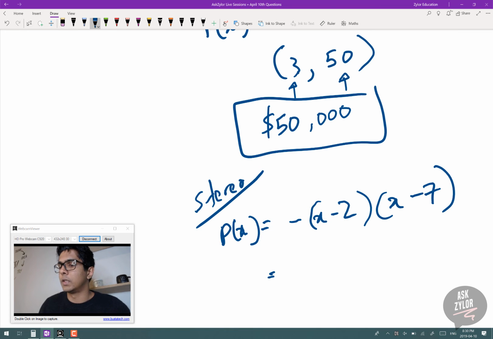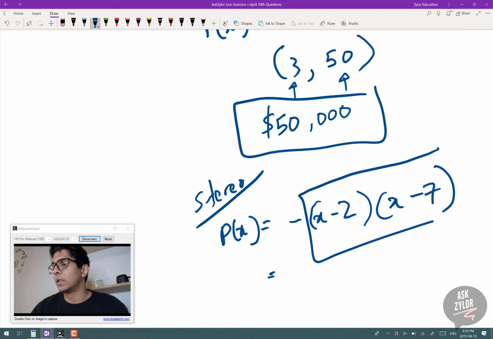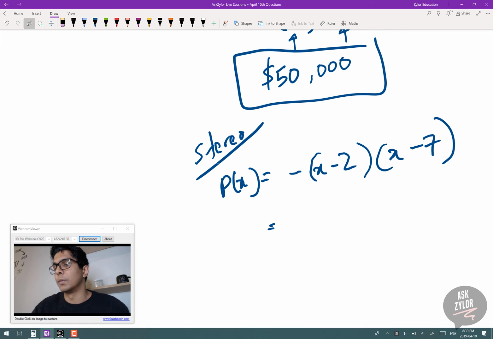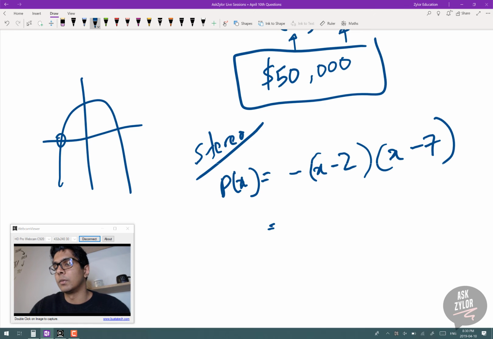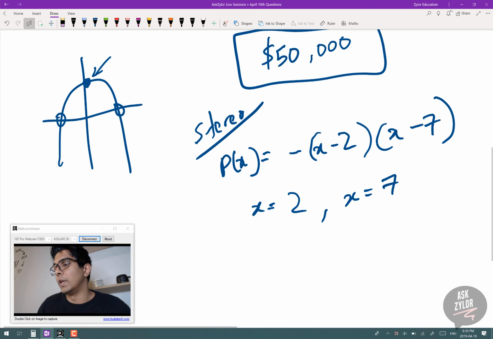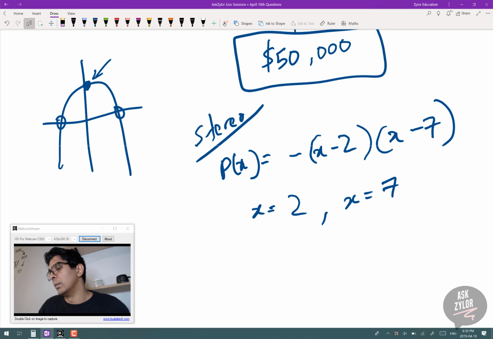Right? So this tells me that these are my x-intercepts. So I need to find the exact middle of the x-intercepts. If I have two x-intercepts, my midpoint or my vertex is always going to be the same. So it's just the midpoint between the two x-intercepts. So I know my x-intercepts are x is equal to 2 and x is equal to 7. To find the midpoint, I just need to add them and divide by 2.